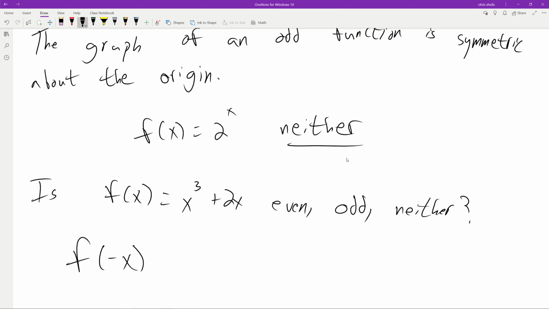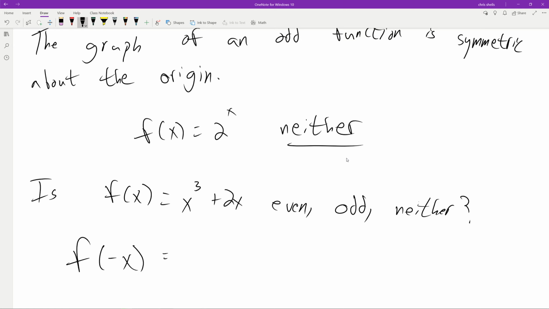If I substitute in negative x, I'll be able to see: is f of negative x equal to f of x? If so, the function is even. Is f of negative x equal to negative f of x? If so, the function is odd. And if it doesn't meet either of those qualifications, then it's neither.